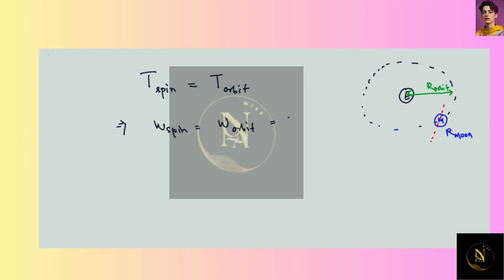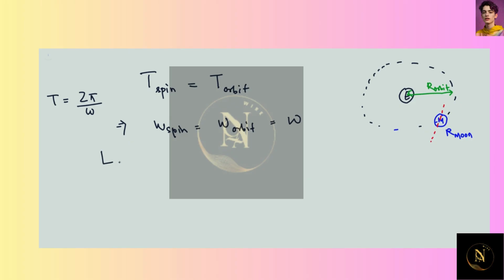Let's call it omega. And if you are wondering how we arrived at this relation, remember that T, the time period, is equal to 2 pi over the angular velocity. And 2 pi is a constant, therefore if T for any two objects is the same, their angular velocities will also be the same.